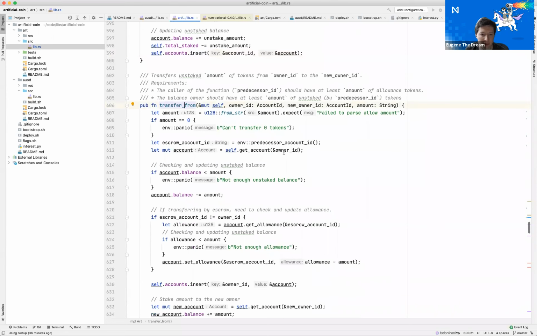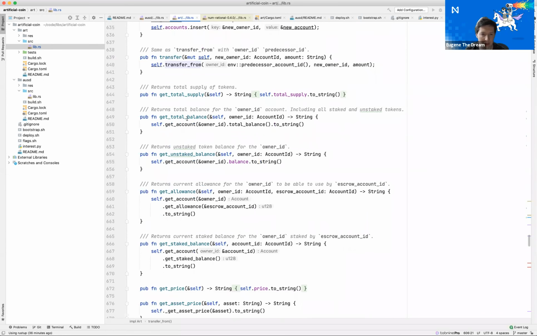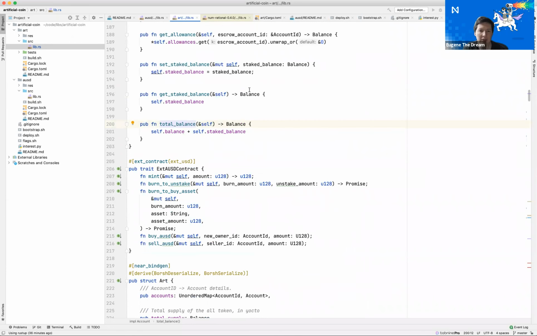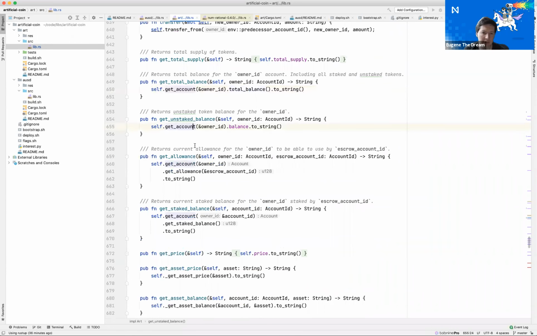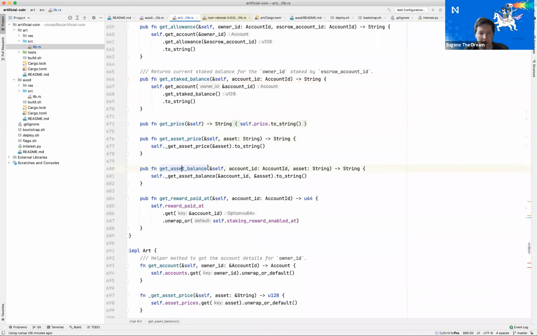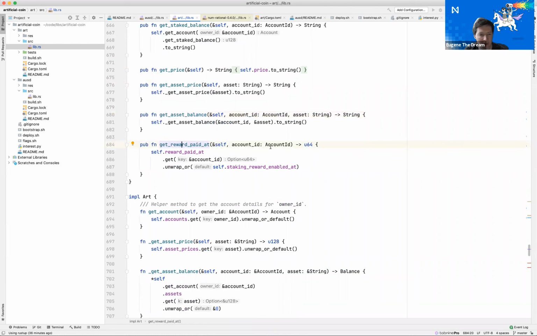So this is part of the standard token transfer, total supply, get total balance and stake balance. Total balance is balance plus stake balance, and allowance, stake balance, price, asset price, asset balance, and rewards paid at.